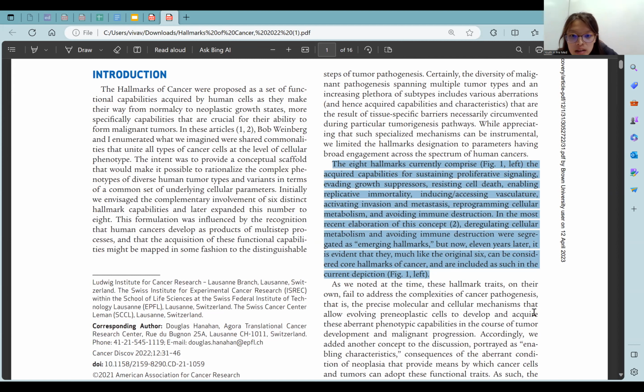It's saying that they started with 6 hallmarks of cancer, which are considered the core hallmarks of cancer, and there are 2 that have been added. This was a process of 11 years. So basically, these processes take time to develop, right?